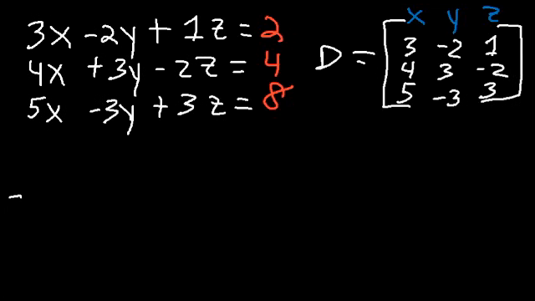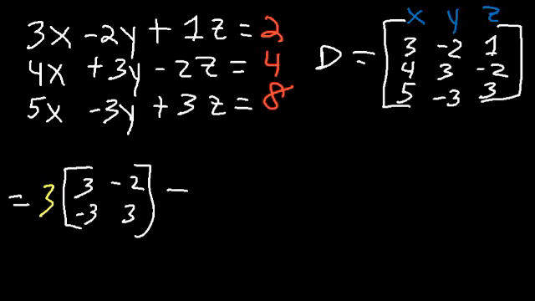So it's going to be the first one, 3, and eliminate the row and the column that's part of 3. So inside the 2x2 matrix is going to be 3, -3, -2, and 3. So first we're going to have the 3 in the front, and then it's going to be 3, -3, -2, 3. And then it's minus.